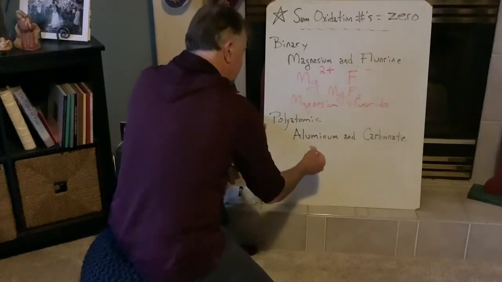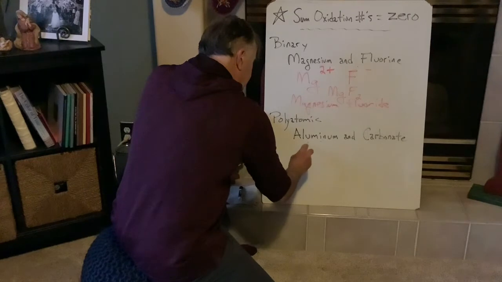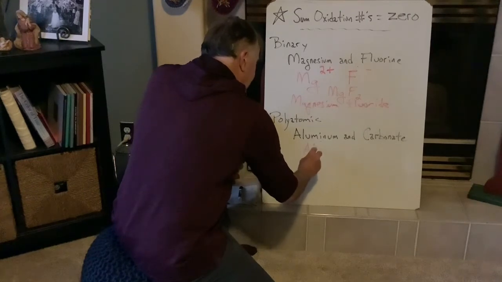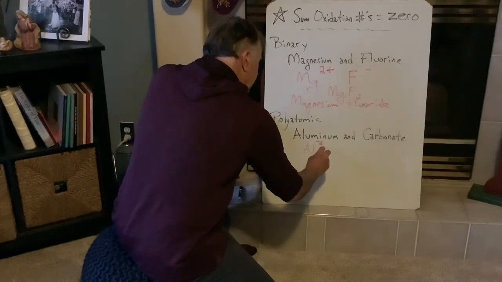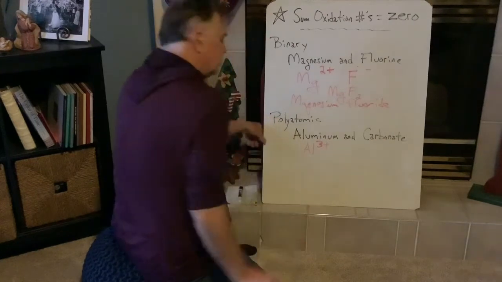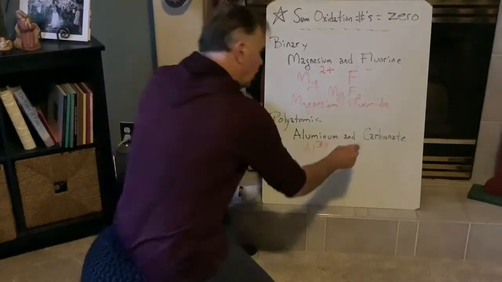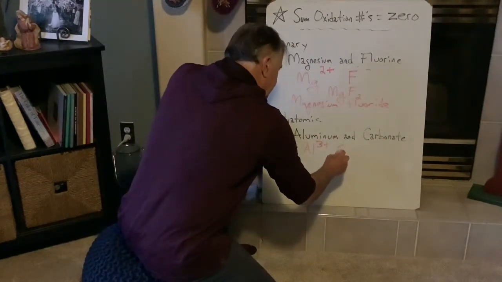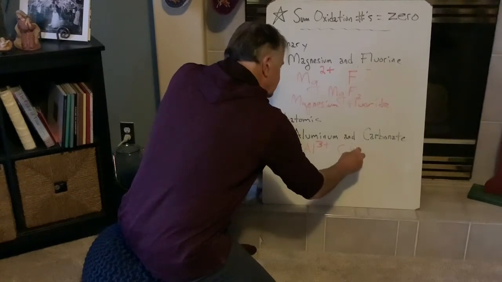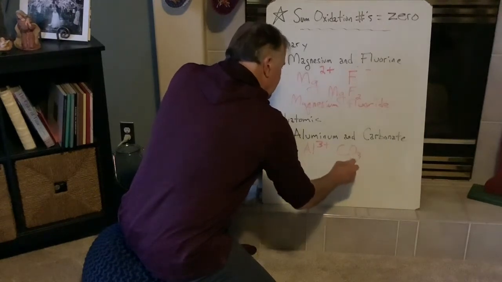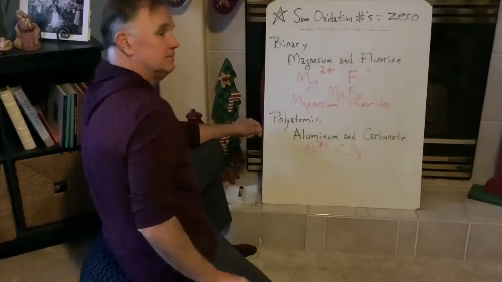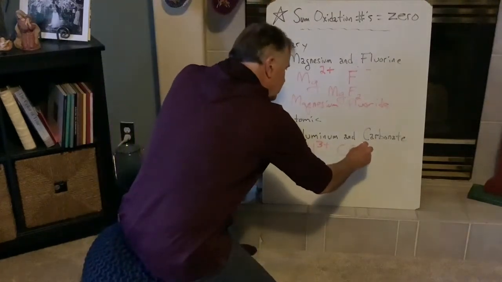Aluminum is Al, and if you look in the periodic table, it tends to lose 3 electrons, so it's got a 3 plus charge. Carbonate, you have to look that up. It's CO3, a carbon with 3 oxygens, and it's got a 2 minus charge.